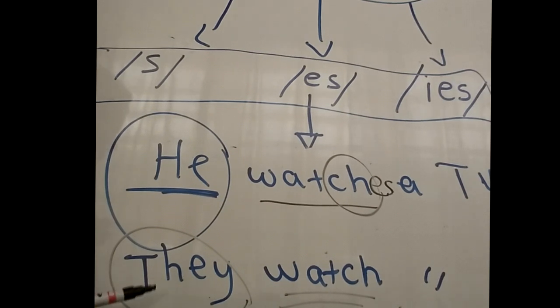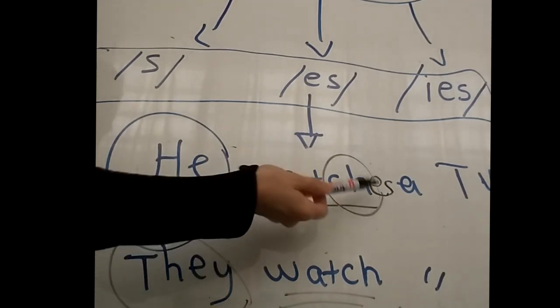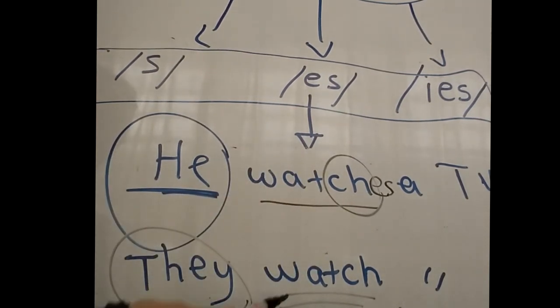You always need to look at the subject. If the subject is singular, change the verb by adding ES. But if the subject is plural, do not change anything. All right? So this is just an example for ES.